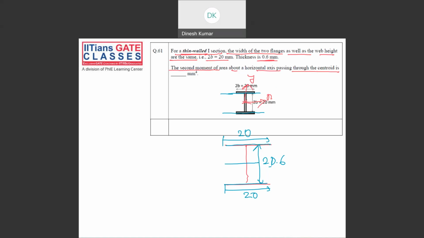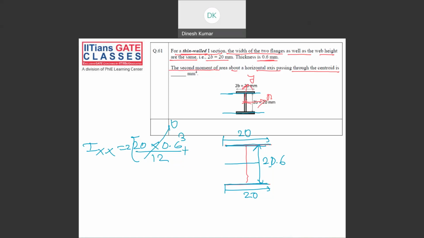Now the inertia is asked about the horizontal axis. For this section and this section, the flanges, the higher order term of thickness will be neglected. So the inertia about its own axis would be 20 into 0.6 cube by 12, which will be neglected from the analysis because it is an assumption in thin wall: higher order terms of thickness are neglected.